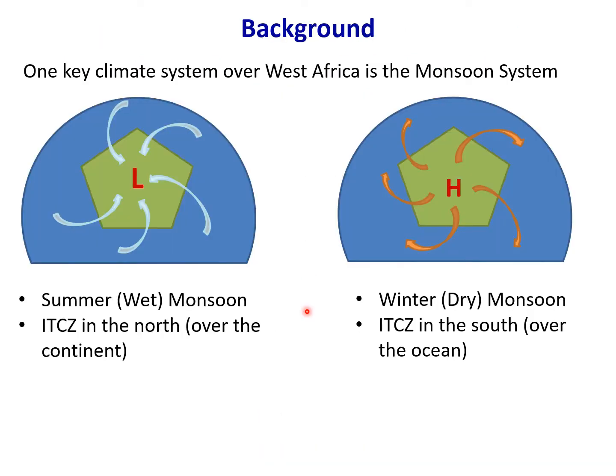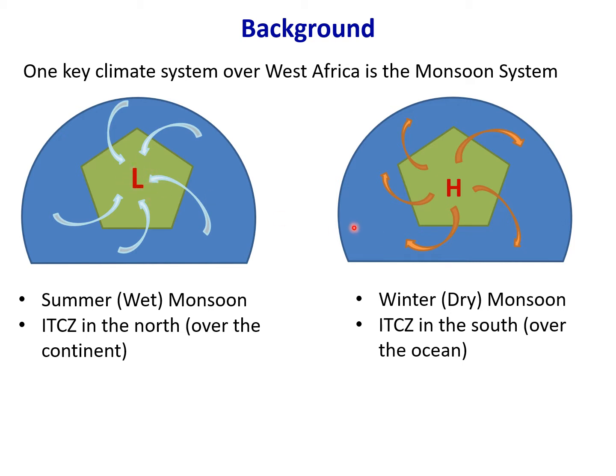The monsoon system is one of the key climate systems over West Africa, and it can be decoupled into the summer monsoon and the winter monsoon. In the summer season, we have a low pressure system over the land, and this brings in a lot of moisture into the land, and therefore the ITCZ, which is the meeting point of the two wind systems, is located on the land.